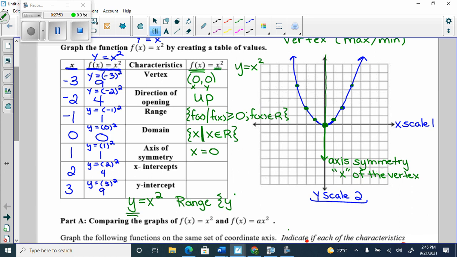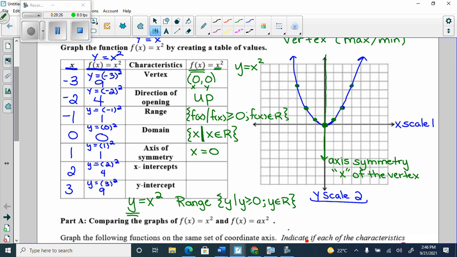Y, such that y is greater than or equal to 0, all the y values greater than or equal to 0, and of those y values greater than or equal to 0, I picked all of the real ones. Everything from 0 and above, which includes all the decimals, everything, right? So if there's no gaps between your points, your coordinates, then it's real numbers every single time. So we go {y | y ≥ 0, y ∈ R}. Oh, that was not recording, thank goodness.